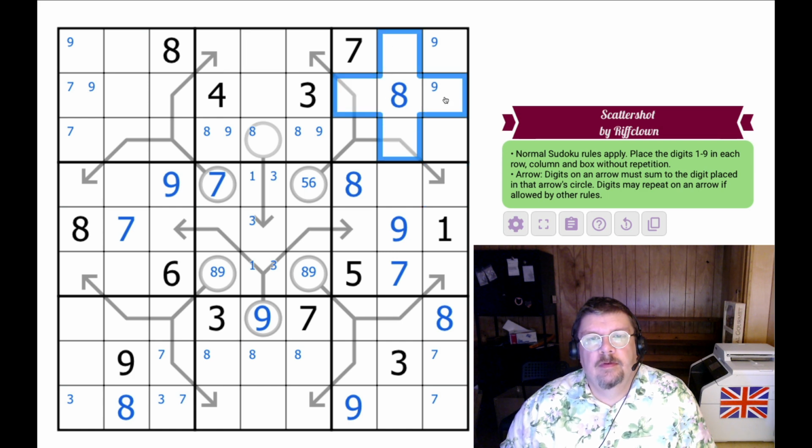Actually, where does 3 go in this box? That could be a 3. Right, if that's 1, that can't be, that could be 2. So that would be 3. That could be another 2, which would be 5.